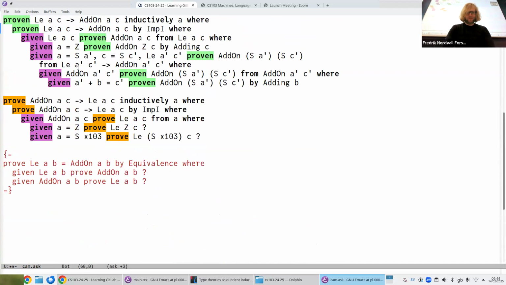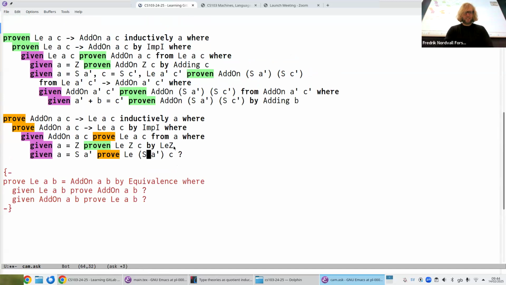So I will do the same thing. So I'm saying A is either 0 or the successor of some A prime. Okay, if it's 0, then I'm happy because I know that 0 is less than or equal to C by this.